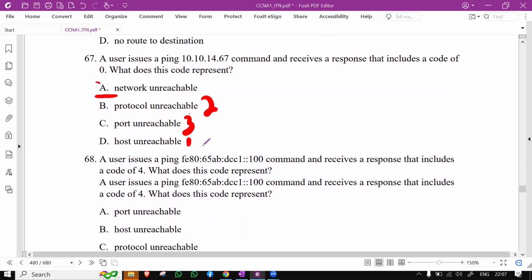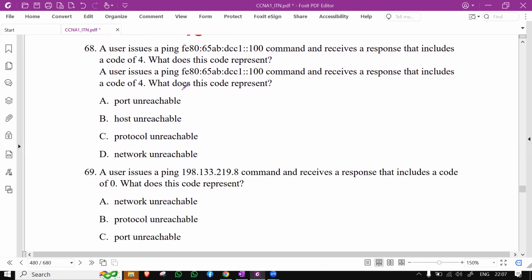So let's talk about code 3. Code 3 means the network is reachable, the host is reachable, and the protocol is functional. The only problem is the port. That is what that means.